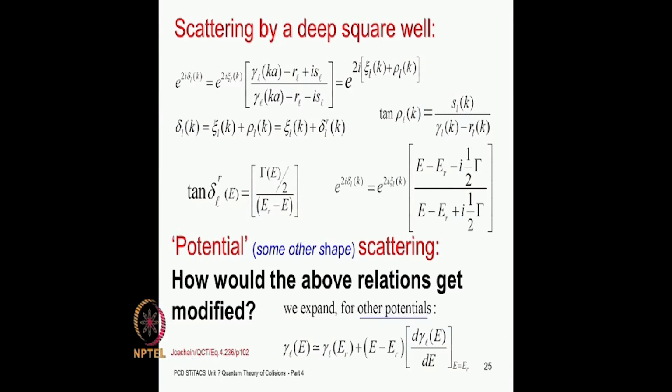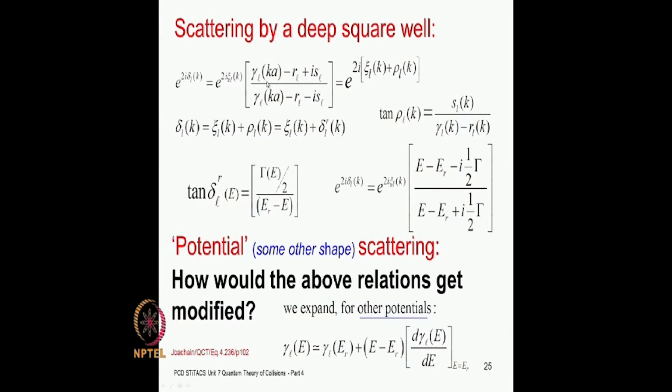So our first conclusion is that if our potential is no longer the square well potential, what we had for gamma, and gamma plays a big role here, notice that all the rapid fluctuations are coming because of gamma. R and S and xi change relatively smoothly across the resonance region. It is the gamma which changes wildly, and that is of importance.